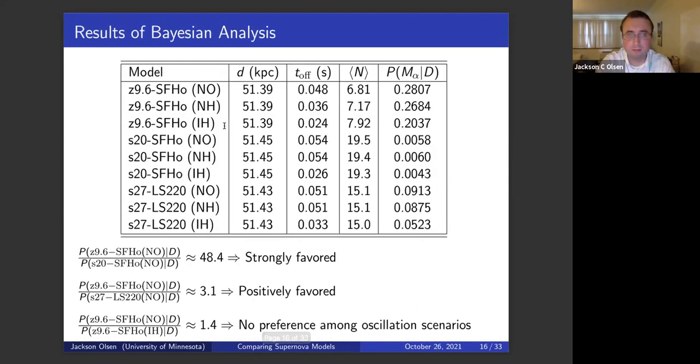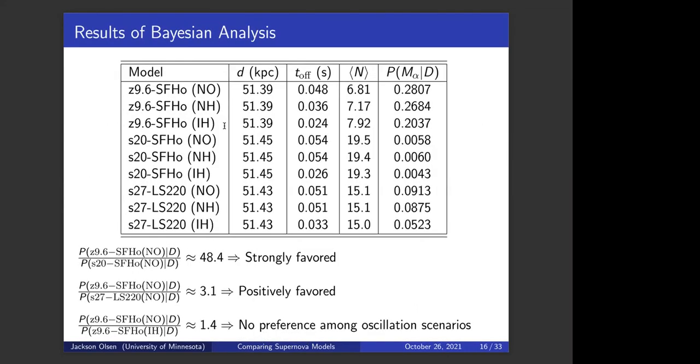Maybe can you say a bit more, like what are the most important differences between these two EOS that lead to different accretion periods? Like what properties of the EOS is the most important one?